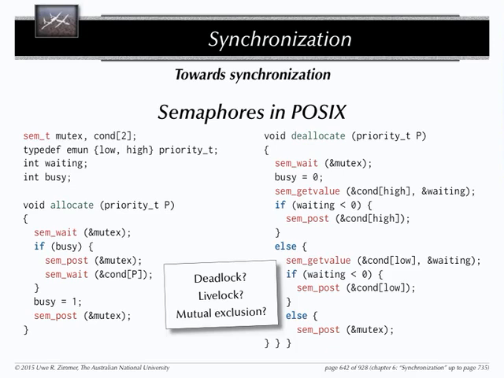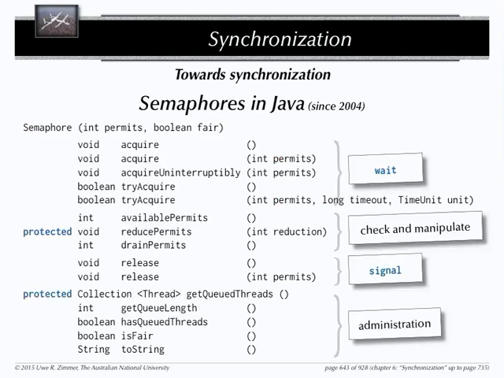This is a nice exercise, so if you're into logic puzzles and things like that, you can now spend the time to find out whether all the paths are possibly leading to the right outcome, whether you don't have too many waits and too many signals balancing each other out in the wrong way. But the actual point of this exercise is that this is tremendously complex, even on very simple examples. And yes, it will take you probably 2 to 4 minutes to figure out whether this works or not.